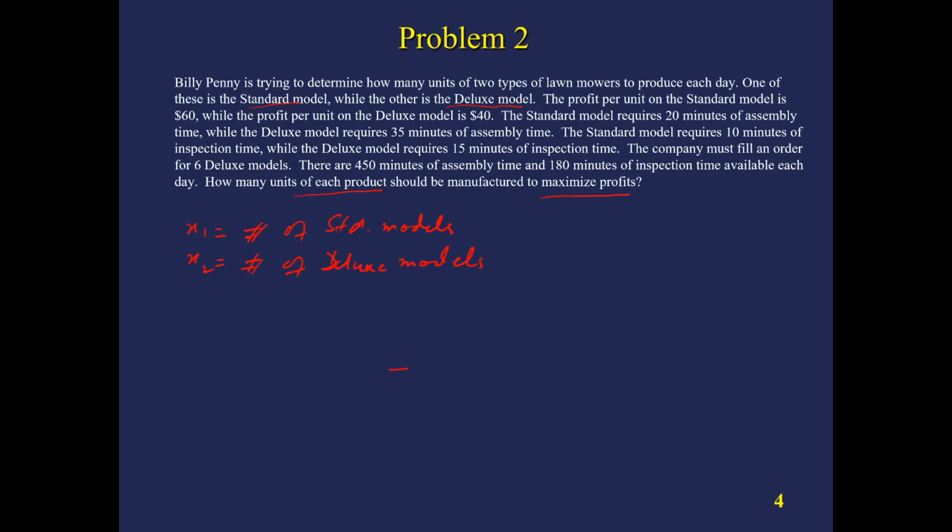It is a maximization problem, so we maximize z equals how much profit is being brought in. The profit per unit on the standard model is 60 and on the deluxe model is 40. So z equals 60 x1 plus 40 x2.